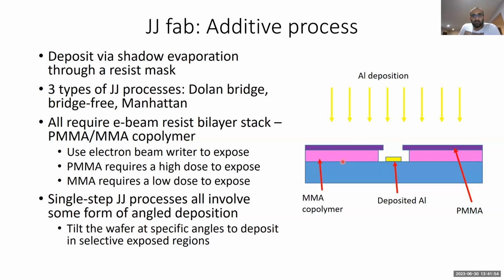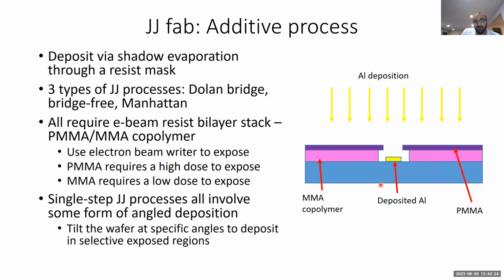These are two electron beam resists that have different sensitivities to the electrons. For example, PMMA requires a high dose to expose, and MMA requires a low dose to expose. We can take advantage of that fact to make some interesting patterns that I'm going to show you in future slides.